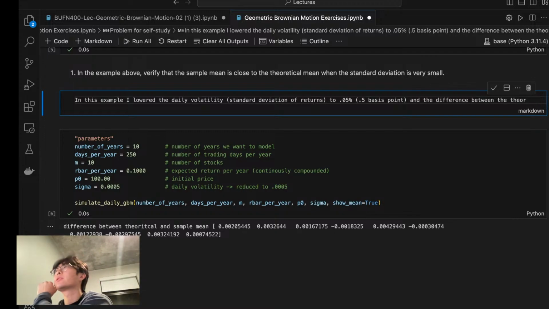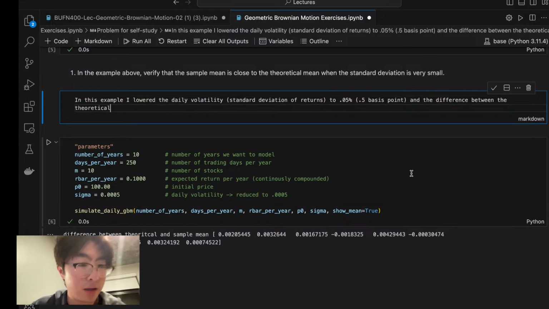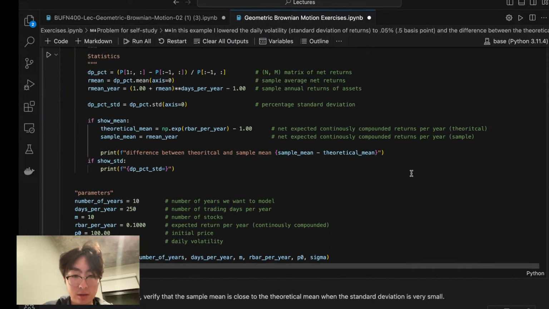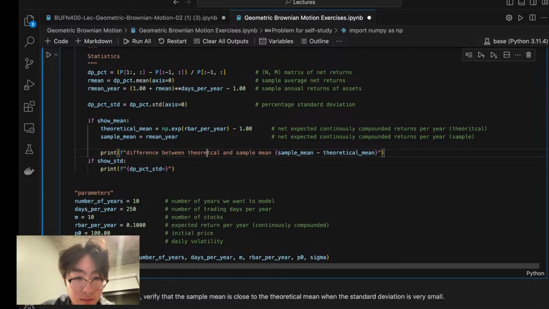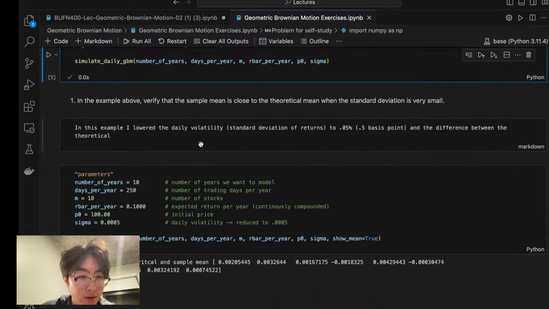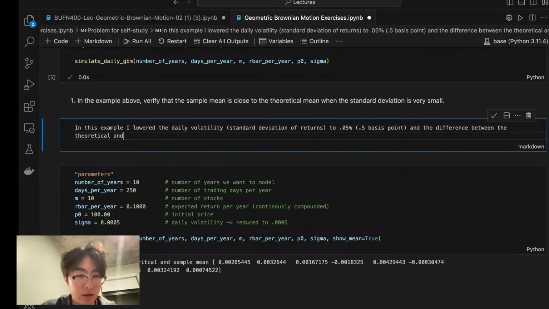I need to look this up on my other computer. Okay, theoretical. I'm just messing that up. I'll call this less than.